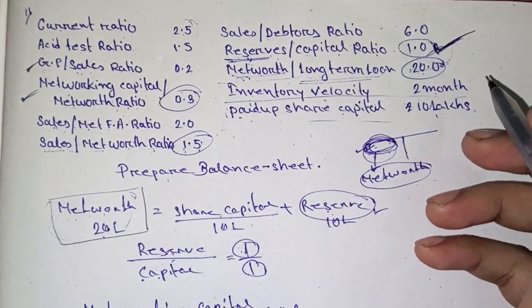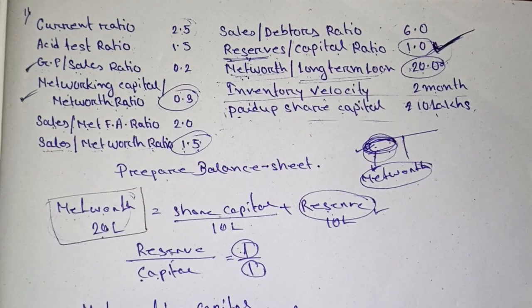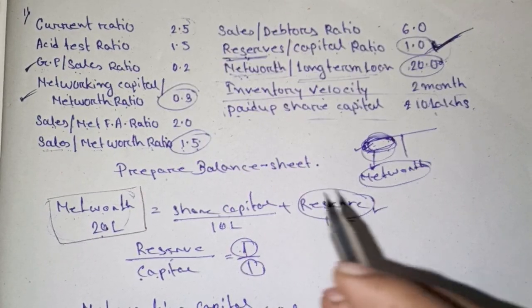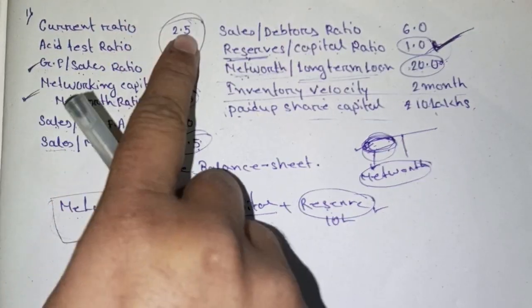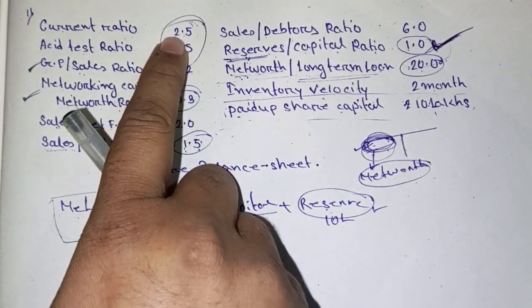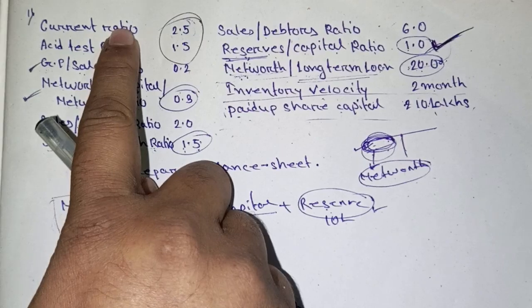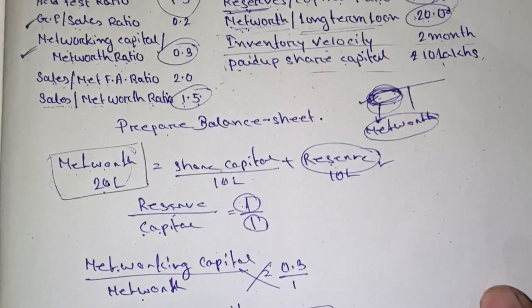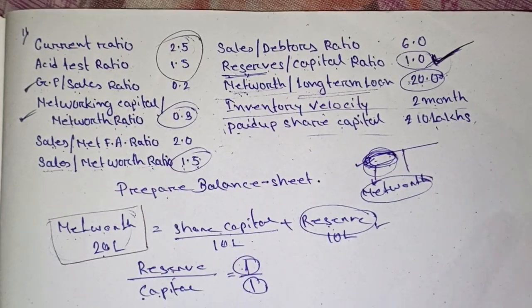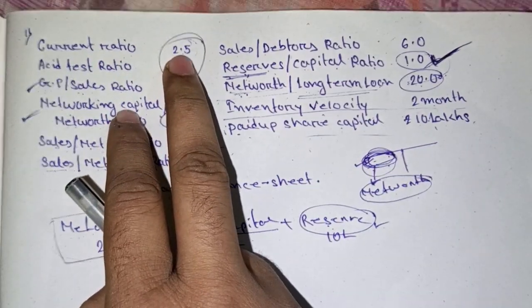This. Okay, now we have to complete this one. So current ratio is 2.5. To solve this current ratio, we have to know the working capital. Okay, to solve this current ratio, we have to know the working capital.